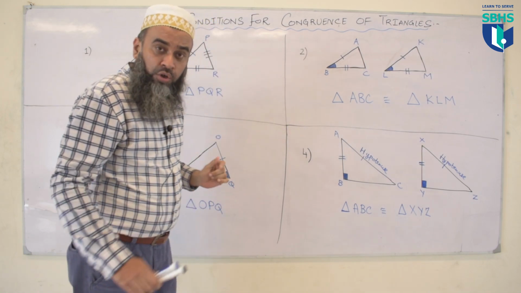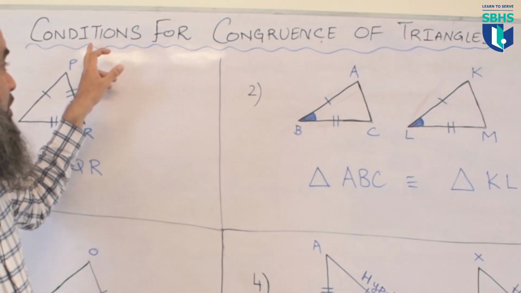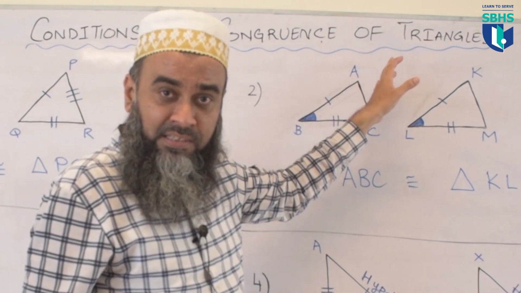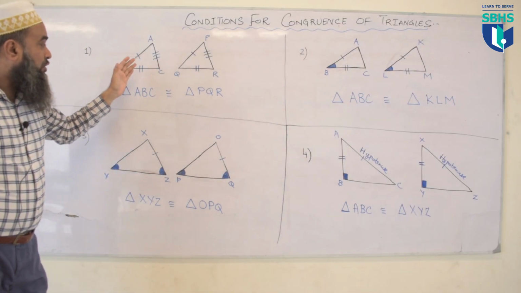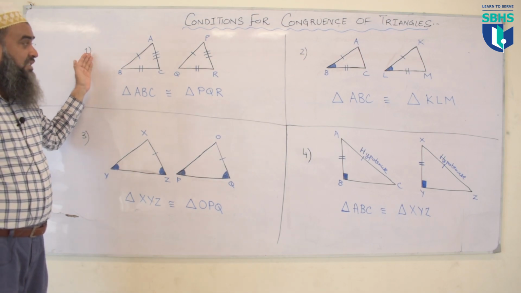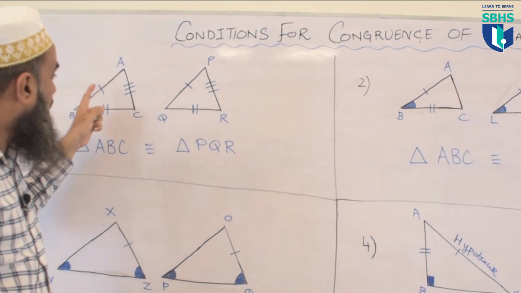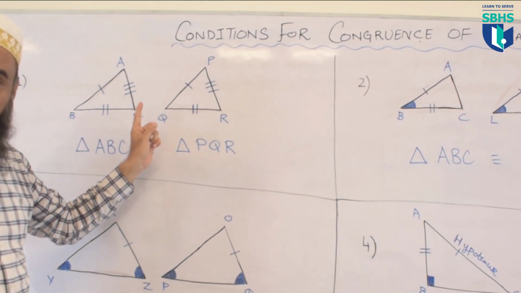Now, the objective of our video is to determine the conditions for congruence of triangles. On the board, as you can see, for the first condition, I have taken two triangles, triangle ABC and triangle PQR.